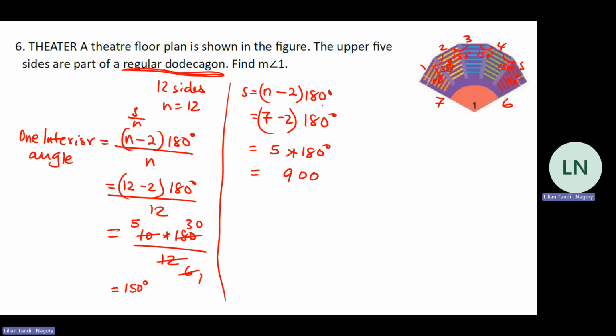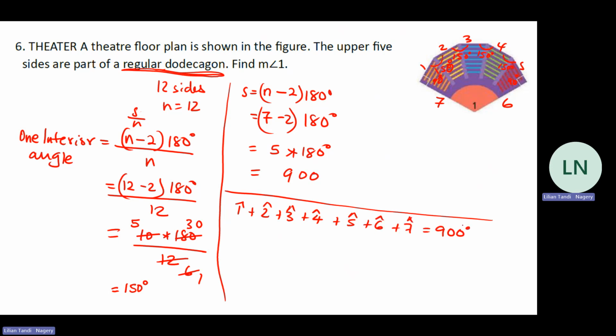After that, now we are going to write angle 1 plus angle 2 plus angle 3 plus angle 4 plus angle 5 plus angle 6 plus angle 7 should add up to 900 degrees. Angle 1 is who? 90, right here.